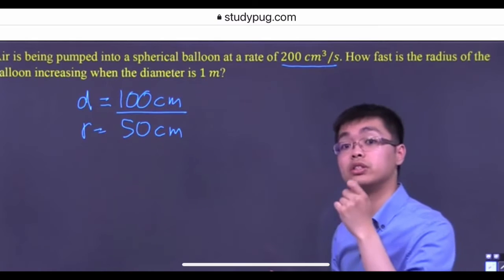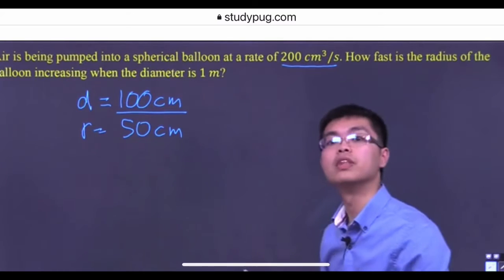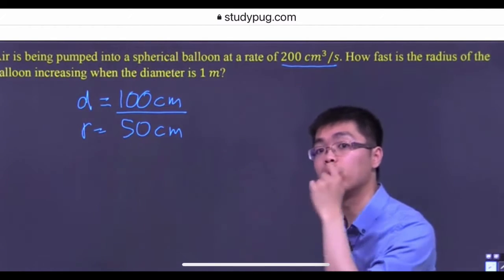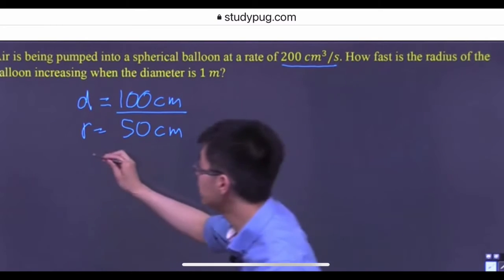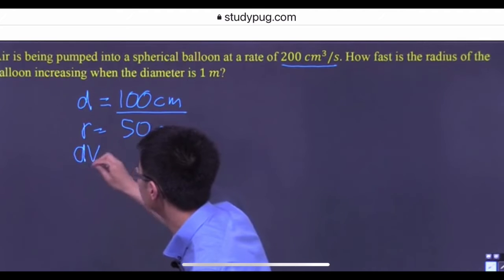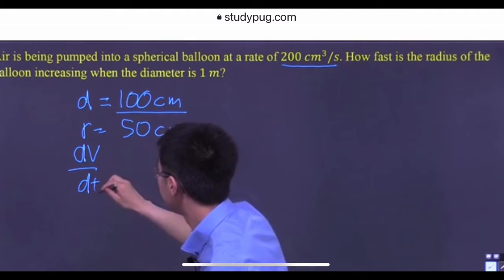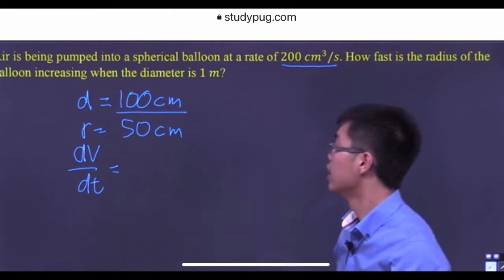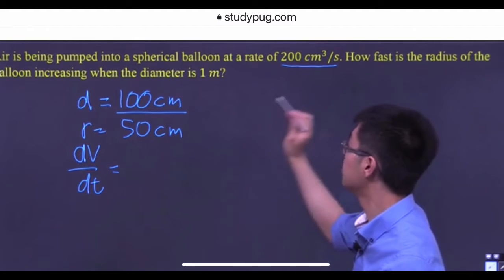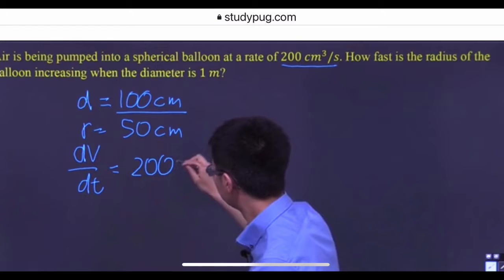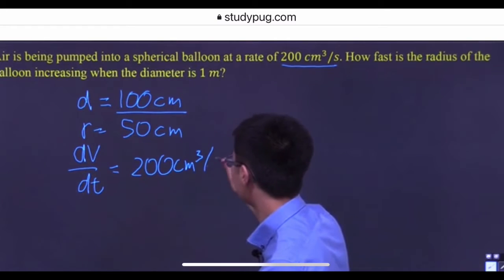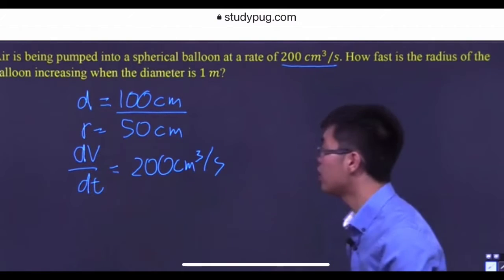So it's not just volume, it's actually the rate of change of the volume in terms of time. So this is dV over dt. And dV over dt tells me this is 200 centimeter cube per second.